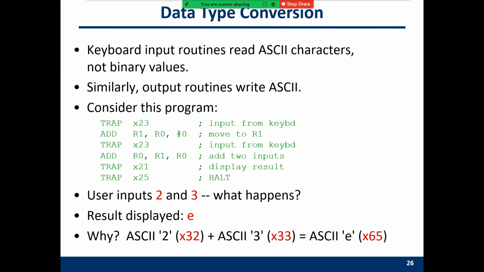And then we can move it to register 1. We receive another character from the keyboard and display it, and we do the addition between the first one and the second one, and then output the sum to the monitor.